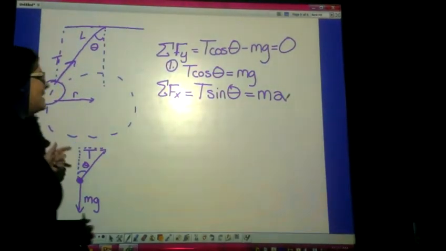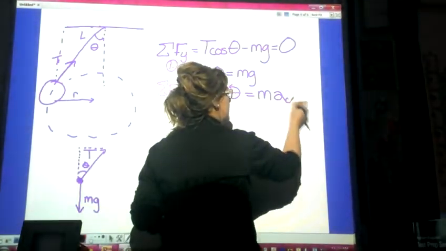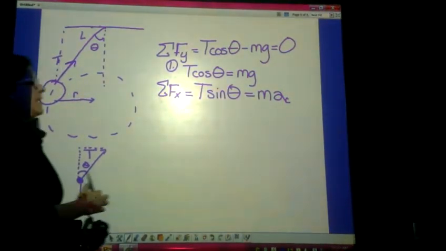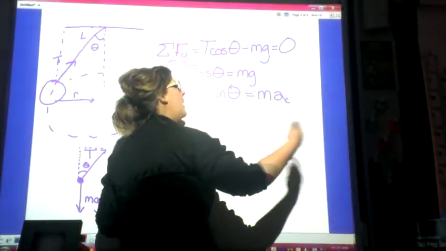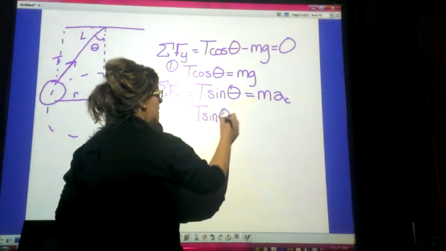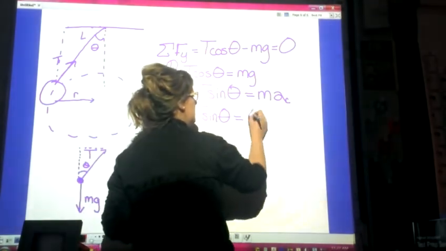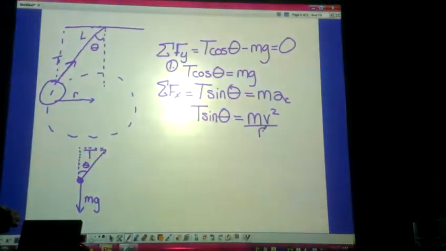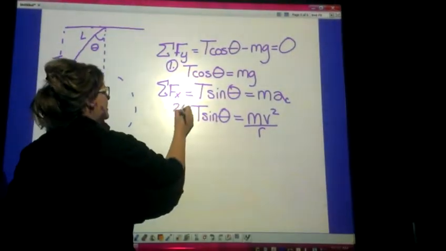But the acceleration in uniform circular motion is centripetal acceleration, and we already know a formula for that, which is v squared over r. So I want to plug that in. So really this should read T sine theta equals m times v squared over r. Okay? So this is my second equation.